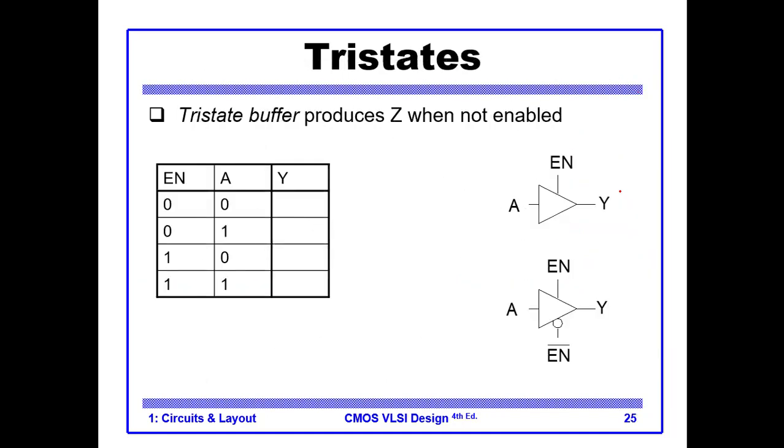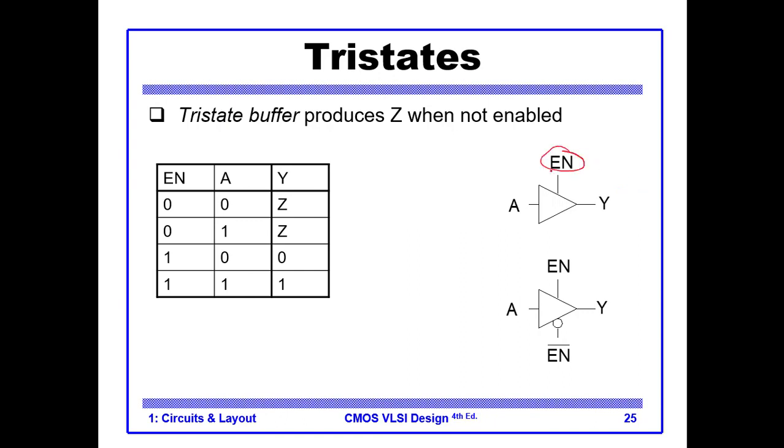Now we come to the other combinational gate, which is called Tristate Buffer. So what is a Tristate Buffer? A Tristate Buffer is like a buffer, but it has a control input, that is enable.